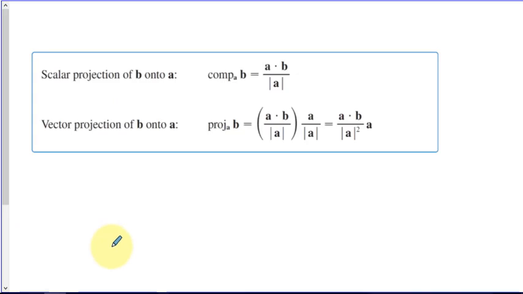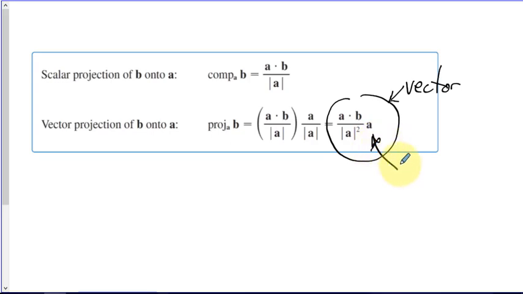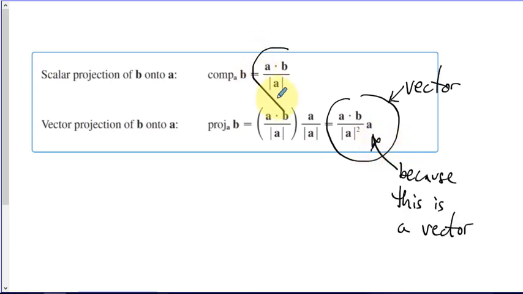This slide is just reminding me to talk about the distinction between a scalar value, that is the length of the projection, and the actual vector. This is boldface here, so it would really be with an arrow if I was writing it by hand, because this is actually a vector. It's a vector because that's a vector. But all this is scalar.